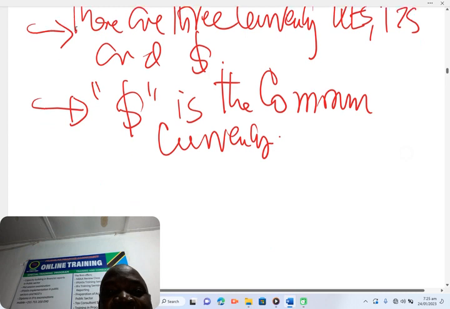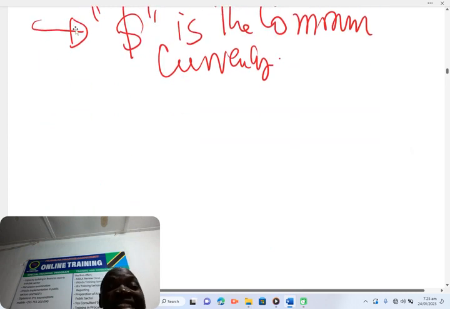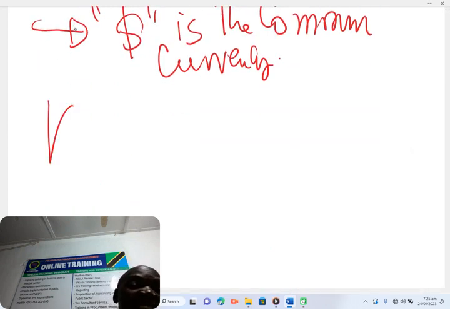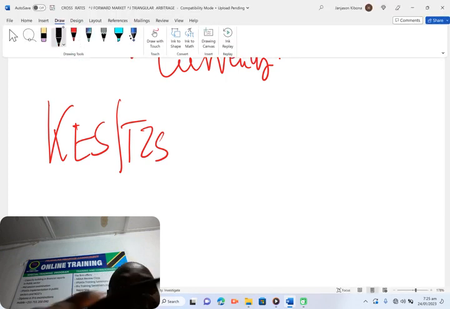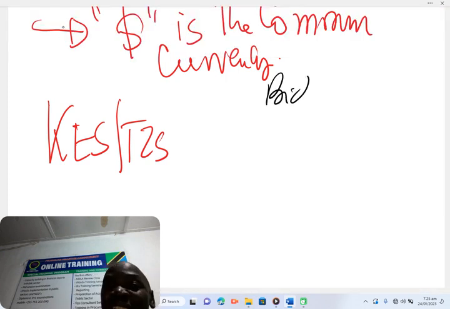Now remember, what we are looking for is Kenyan shillings stroke what? Tanzania. And we need to evaluate how much is for the bid and how much is for the what? Ask.